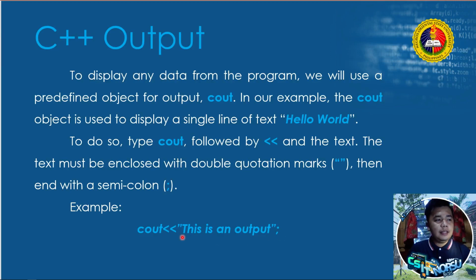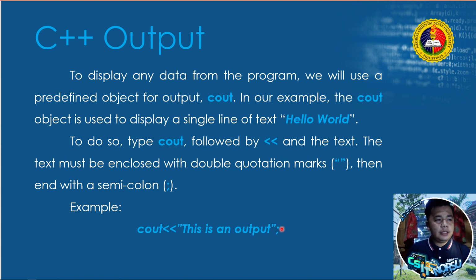Okay, again, let's check it one by one. We have the object cout, followed by the two open angle brackets, and then the text. The text is enclosed with double quotation marks. This is very important. Without the double quotation marks, it will not work.